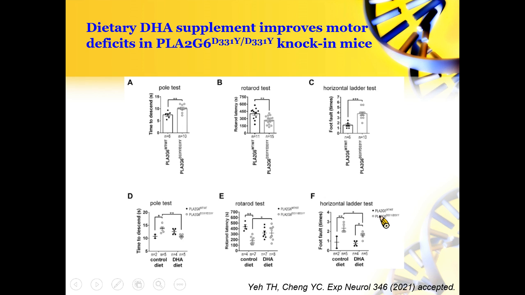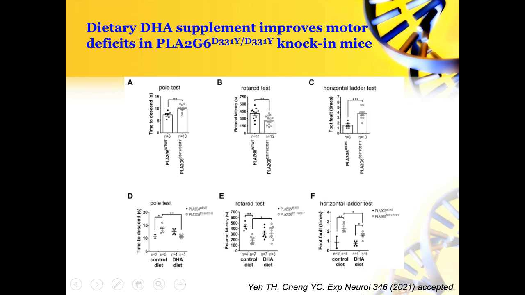Wild-type Parkin and Parkin homozygous knock-in mice were administered DHA 35 mg per kilo per day from the age of 6 to 8 months. Upper panel showed 6 and 8 months old.